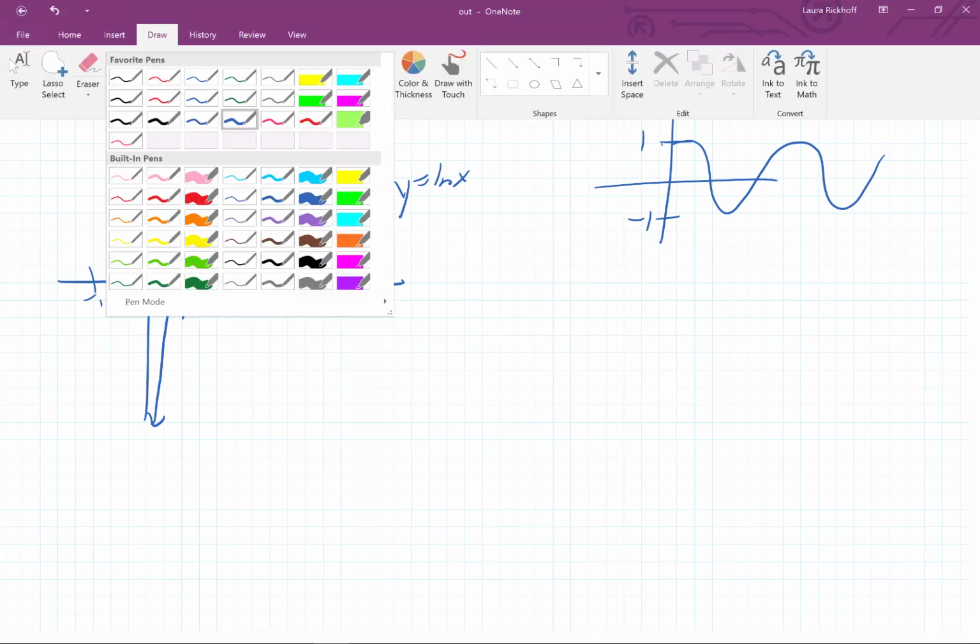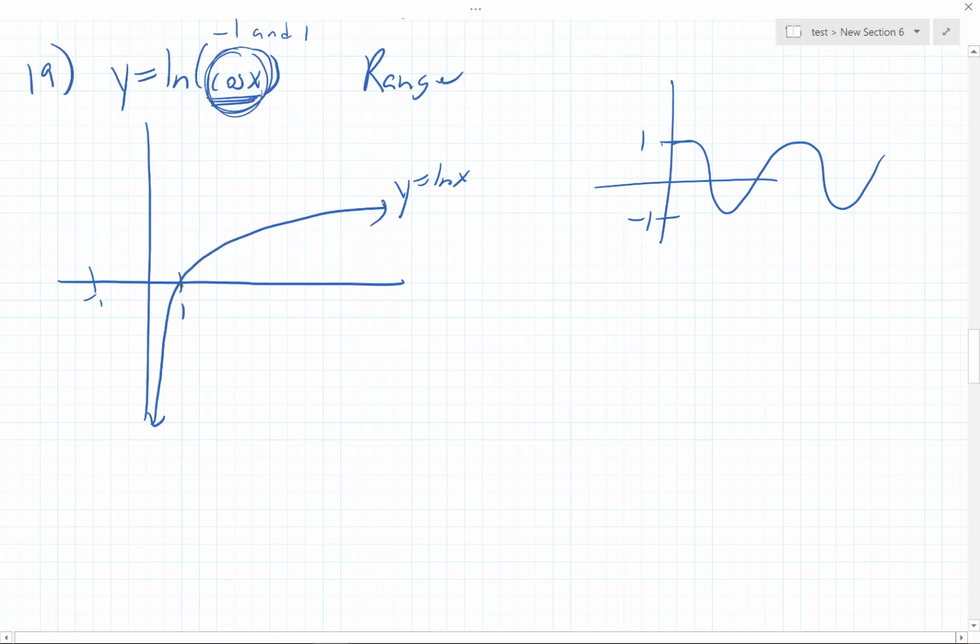So the only y values I'm going to be getting out of here are things that are less than 0, because the highest, right, when I take the ln of 1, I'm getting 0. I've got some domain issues too, but I'm not going to be able to find the ln of 2, 3, 4 because I'm not going to get that out of cosine.